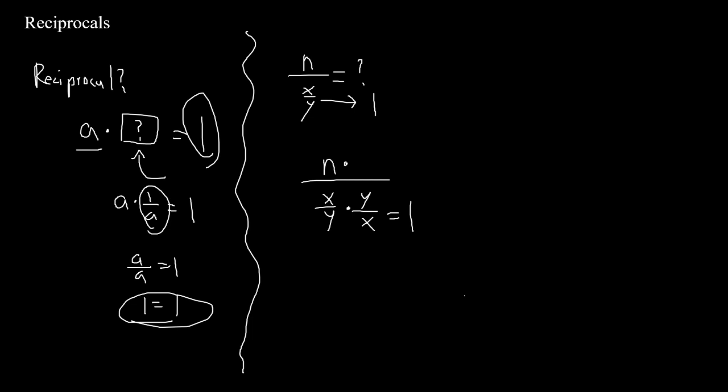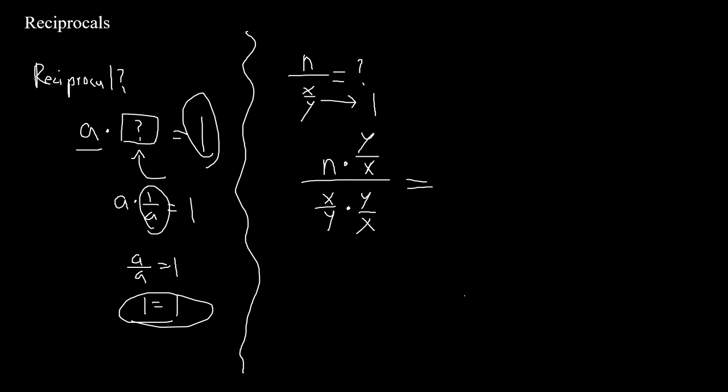But because we multiplied the denominator by a number, we also have to multiply the numerator by the same number. Otherwise, you're going to get a different value. So I have to multiply both the numerator and denominator by y over x.